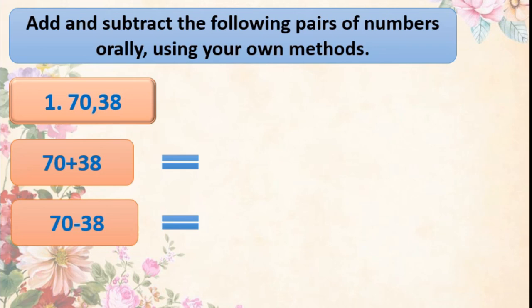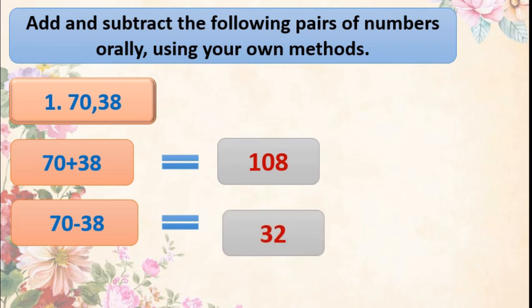Correct? 70, 80, 90, 100 plus 8, 108. Isn't it? Yes, 70 minus 38. Again 3 fingers you can take. 70 here, 60, 50, 40. Okay, 40 minus 8, that is 32. Okay.